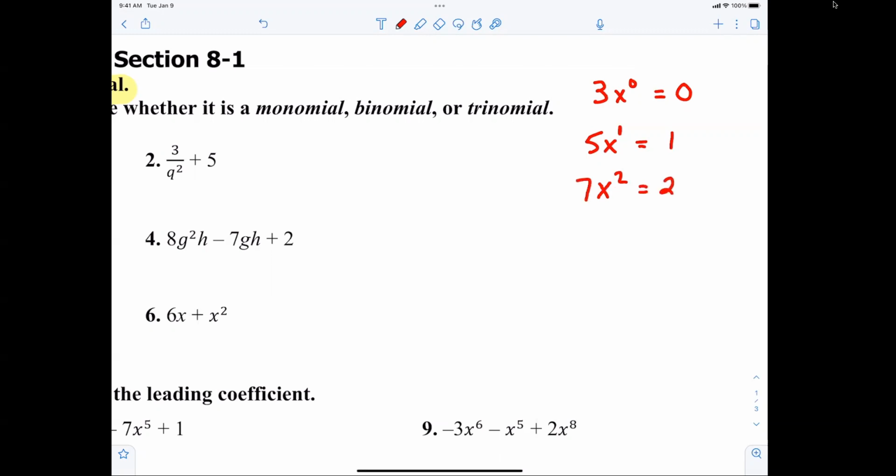If I said 7x squared y, the degree is going to be what? 3. The reason why we say it's 3 is because y is to the first power. It's not a big deal.